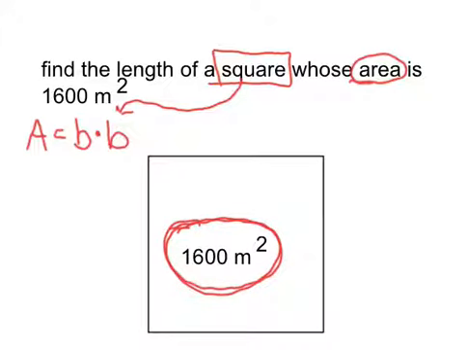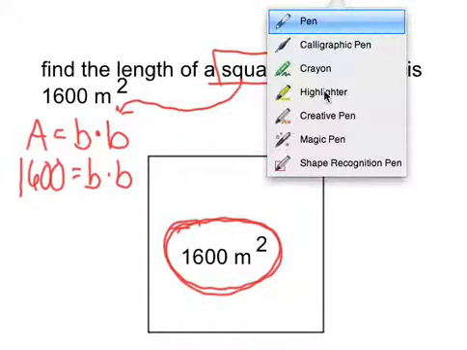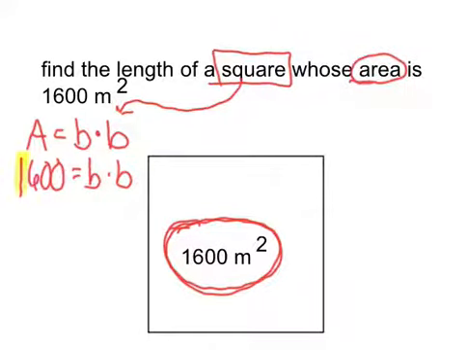That's my A, so I'm going to write it for my A. Equals base times base. So I got to ask myself, what times what equals 1,600? Now I don't have that on my list, so I'm going to break this down. I do have 16 on my list, and I'm going to highlight those zeros.